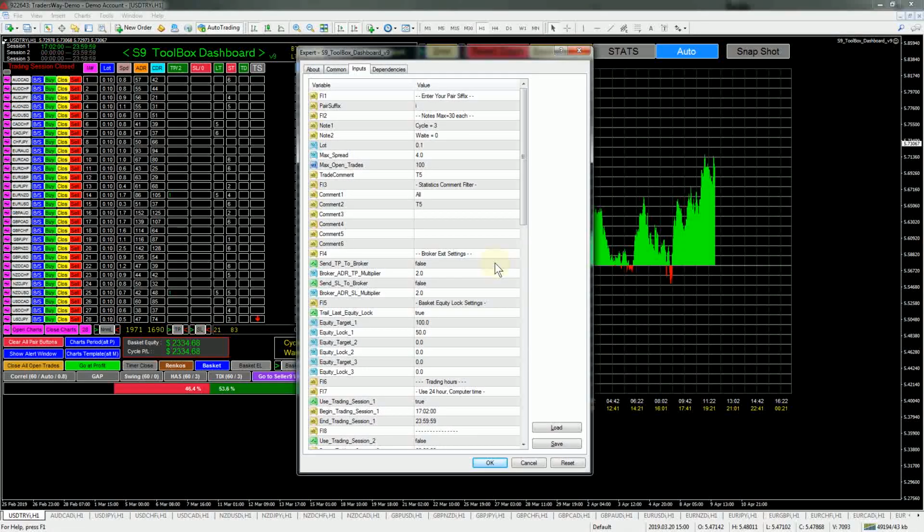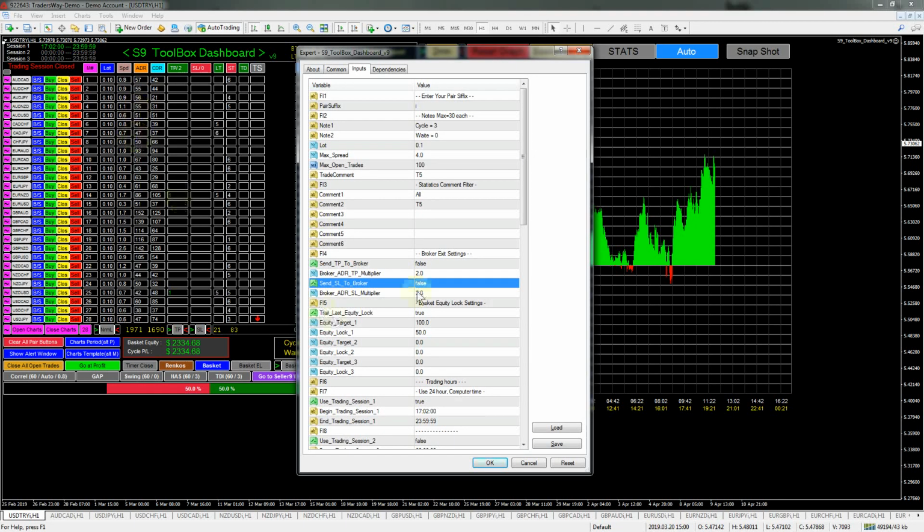Or of course you can always use this, if your network connection has a tendency to drop out at times and you want protection, then you'll want to use this down here. If you set that to true, right now it's 2 times the ADR, but you can change that. It looks at this ADR over here.